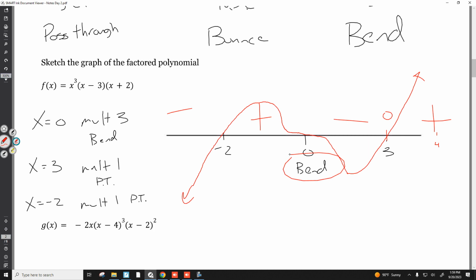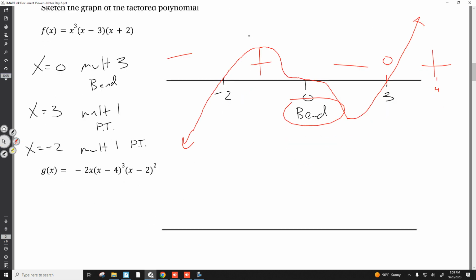All right, do the next one. You don't have to use the sign chart. You can use what we're going to call end behavior, which we kind of looked at with x squared, x cubed, and x to the 4th. But go ahead and sketch the second one.